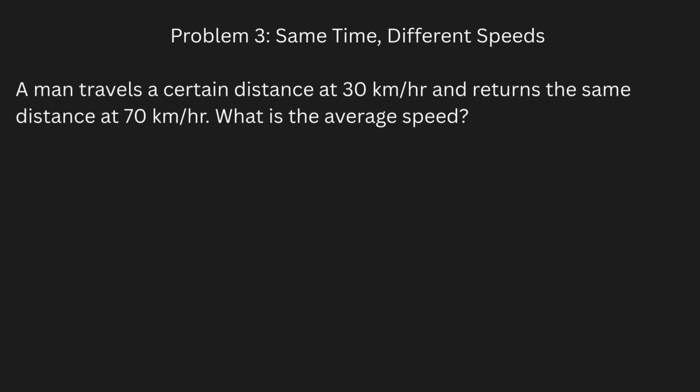So let's discuss this with a different pattern, same distance and different speed. A man travels a certain distance at 30 km per hour and returns the same distance at 70 km per hour. What is the average speed of this? Well, it was a simple problem, so please solve this and comment your answers below.